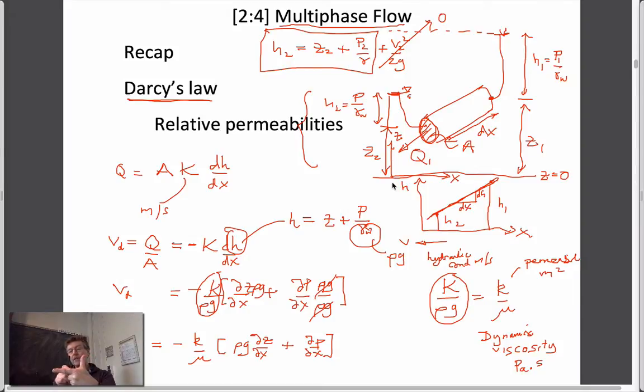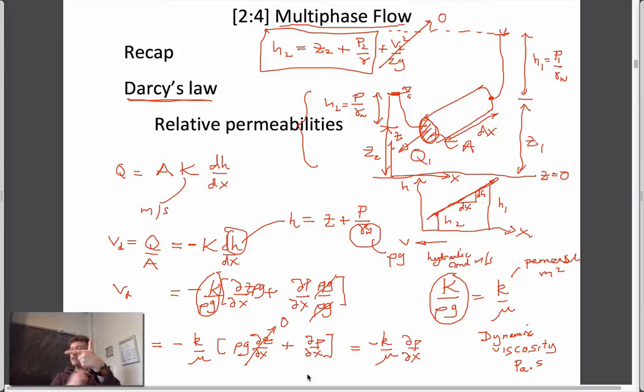A small piece of x has no component in the z direction. So by definition, this term in this particular arrangement is equal to 0. And if that's the case, then we have a much easier relationship, which is that Darcy's law looks like this. And that's all we need in most circumstances.